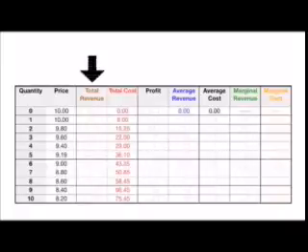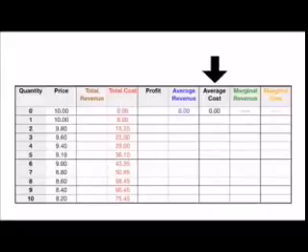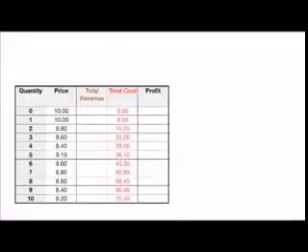First, I'll calculate total revenue, then profit, average revenue, average cost, marginal revenue, and marginal cost. Quantity is given, price is given, and total cost is given. So the very first thing I'm going to calculate is total revenue.